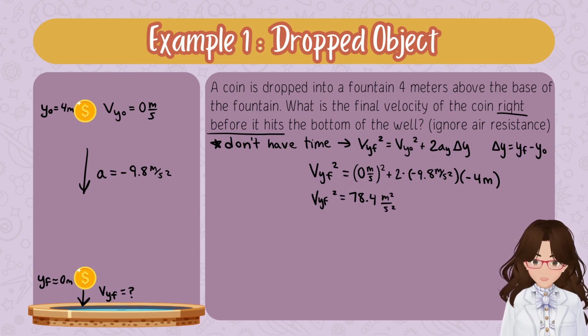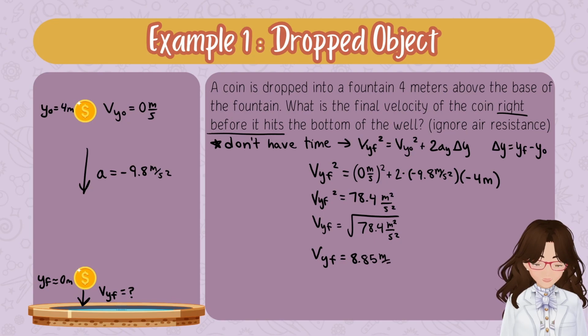And then our final step is to square root both sides to solve for just Vy final. So Vy final is equal to the square root of that number. Once again, we put that in our calculator and we get 8.85 meters per second.